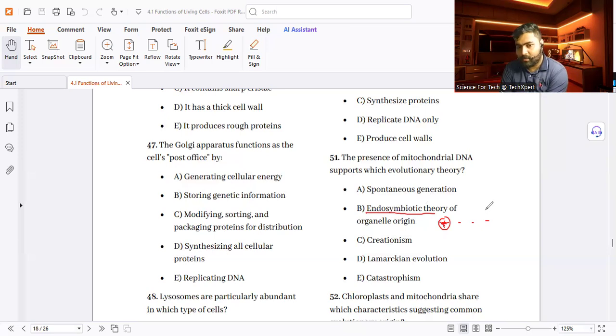This explains the presence of 70S ribosomes in mitochondria as well as chloroplasts.